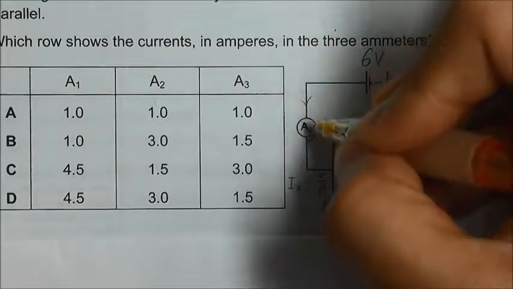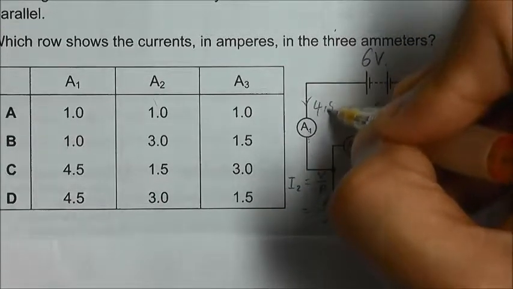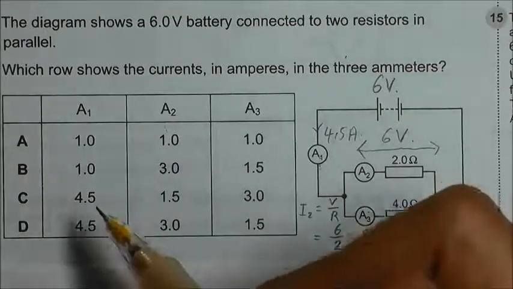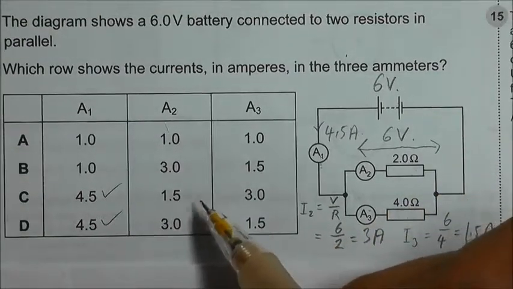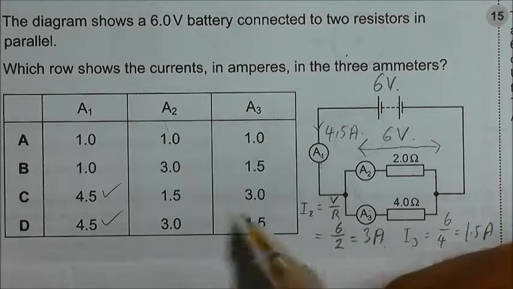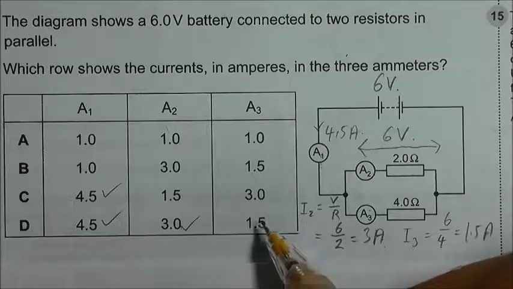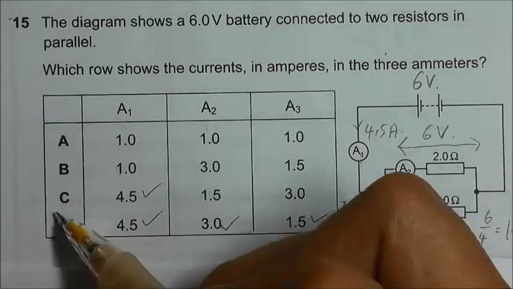The current flowing through A1 should be 4.5 ampere. Now let's look at the options. A1 4.5, A2 should be 3, and A3 should be 1.5. So the answer is D.